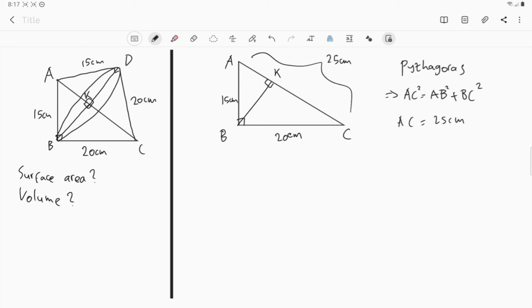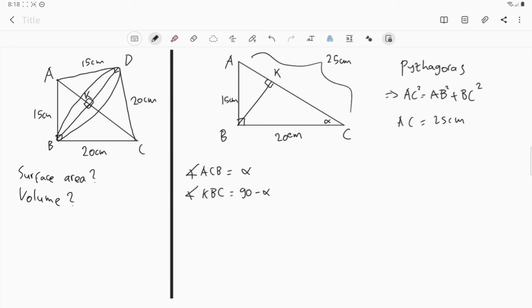Now we are going to use a concept called similarity. Now we see that the angle ACB, let's say that it is alpha. Now what is the angle KBC? It is 90 degree minus alpha, because this is 90 degree, this is 90 degree, okay?